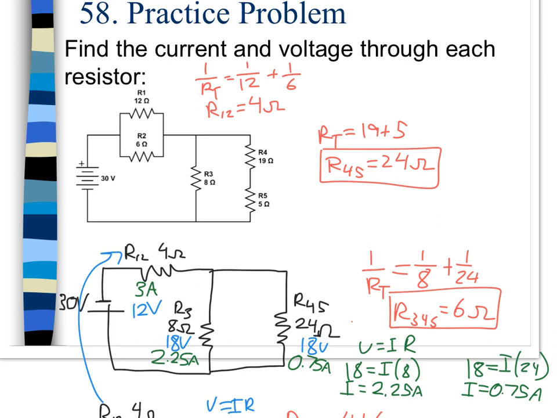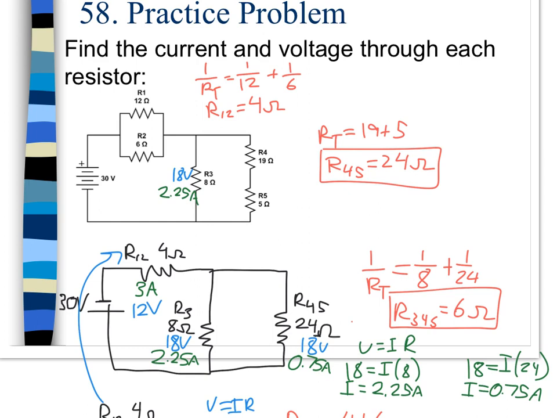Okay, and I'm going to look back at my original resistors that I have in my circuit. So first of all, that R3, that was the original resistor, so I can go ahead and say that R3 had 18 volts, and R3 also had 2.25 amps here. All right, going back to R1, that came from combining this resistor here where they were combined in parallel.